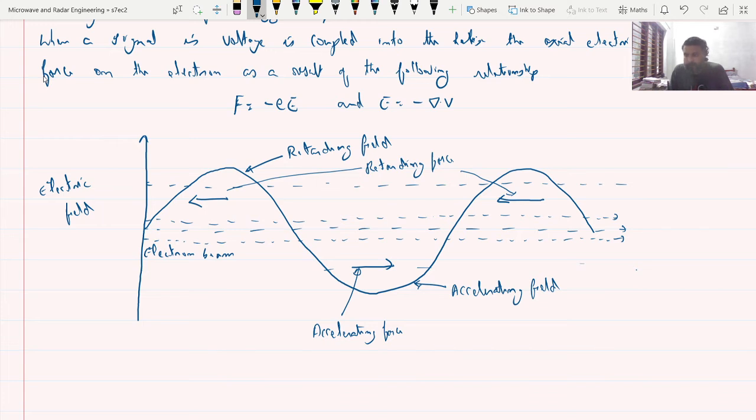So these are electron beams, which I have already written.